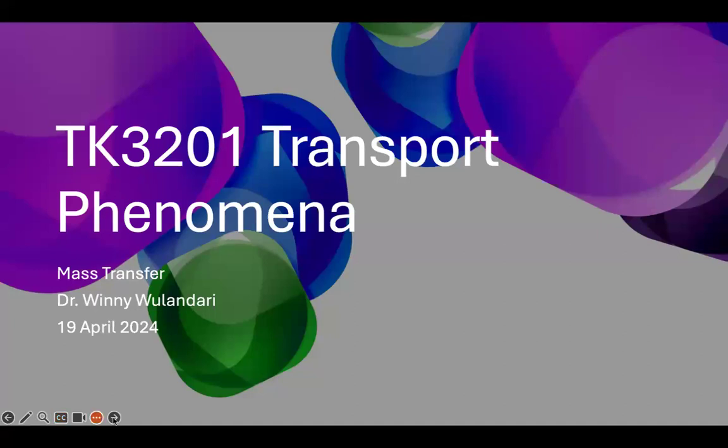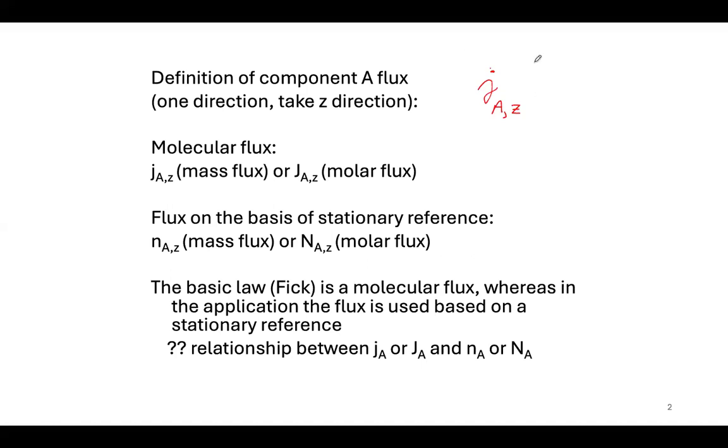Okay, so if you recall the concept on Wednesday, there is a molecular flux with J, and a small j is for mass flux, and a capital J in the Z direction is for the molar flux.